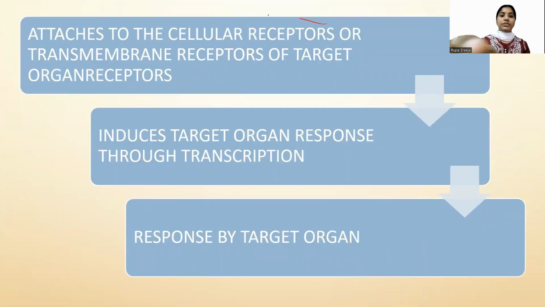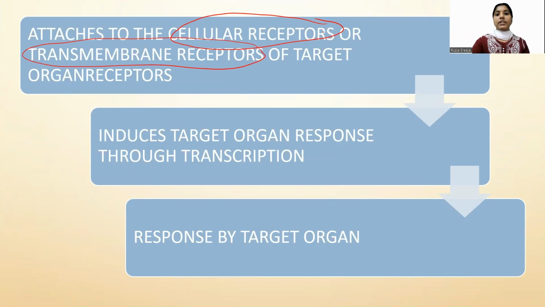Attaching to cellular receptors is condition 1. Transmembrane receptors is condition 2. Cellular receptors are for lipid soluble hormones. Transmembrane receptors are for water soluble hormones. Cellular receptors are the receptors present inside the target organ cell, the receiving cell.